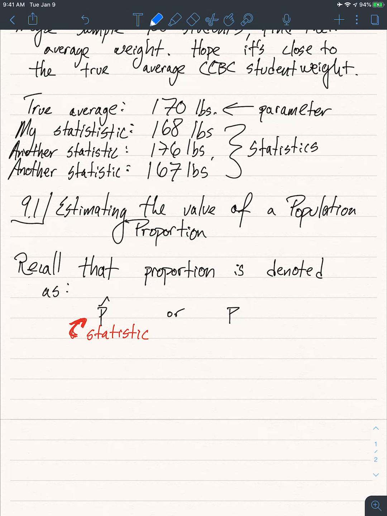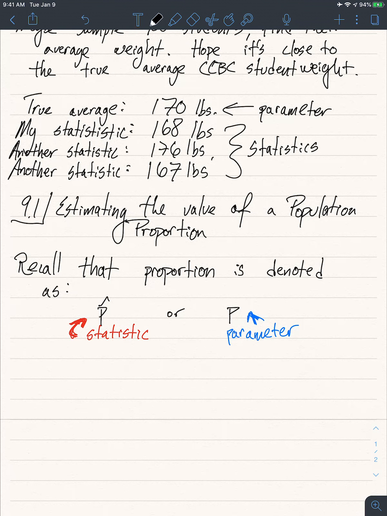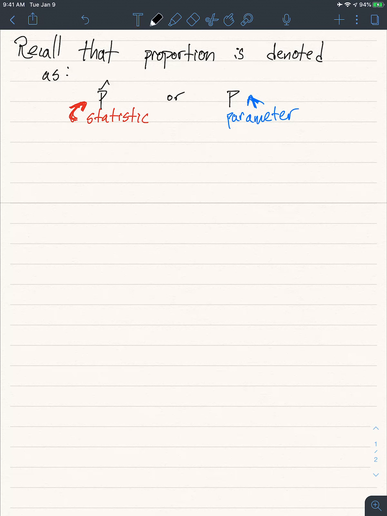And regular p, no hat, is the parameter. Just want to remind everyone, because I'm going to be using p hat and p separately. So p hats are the statistics that we find through samples. P with no hat is the true parameter, if I was able to go out there and get the data on every single person or thing in my population, right? All right. Okay.